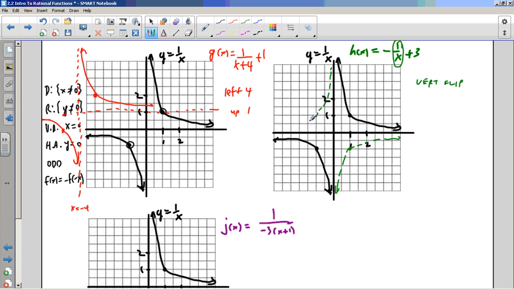Now, what's the equation of this dotted green one? That's going to be y equals -1 over x. Then what does the +3 do to it? Moves everything up 3. So where the horizontal asymptote was at 0, it gets moved up 3. That's the new horizontal asymptote at 3, and everything gets moved up 3.